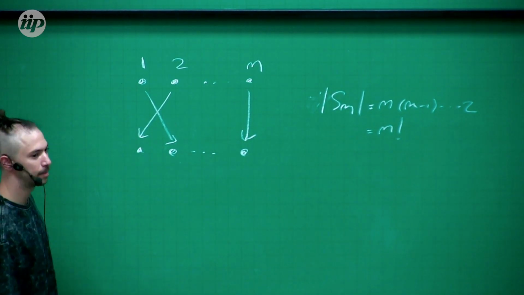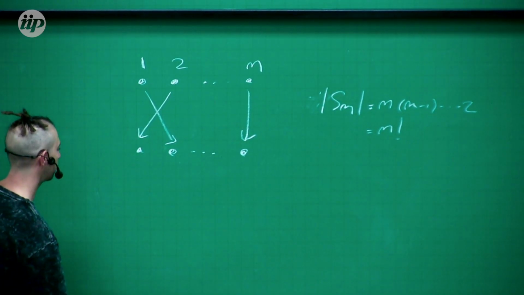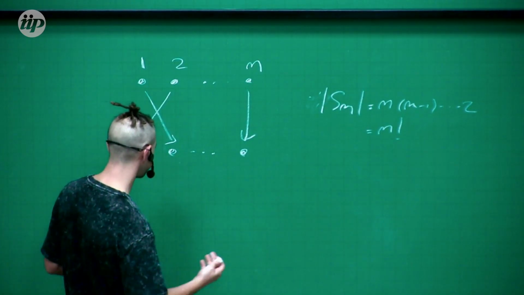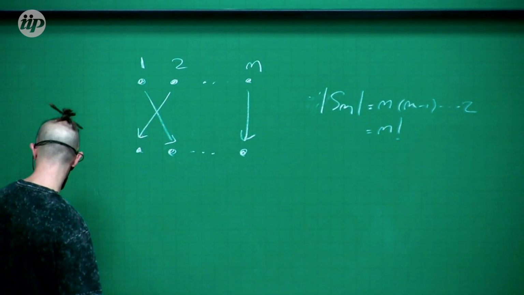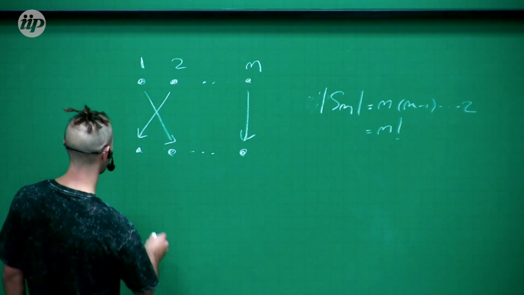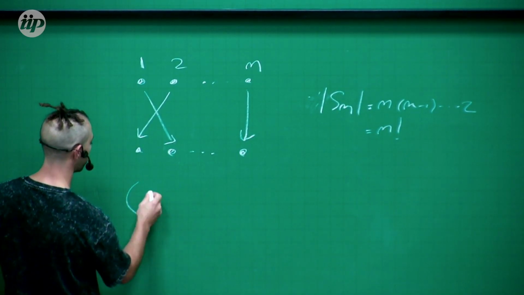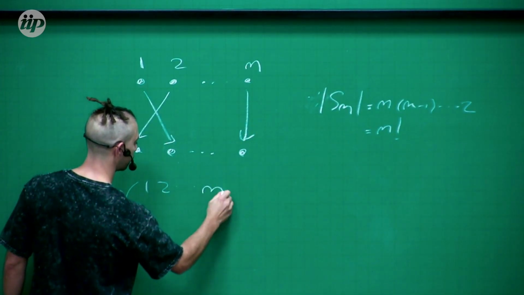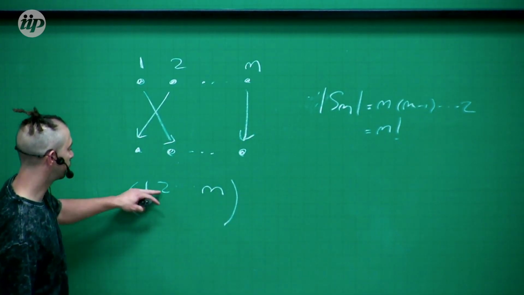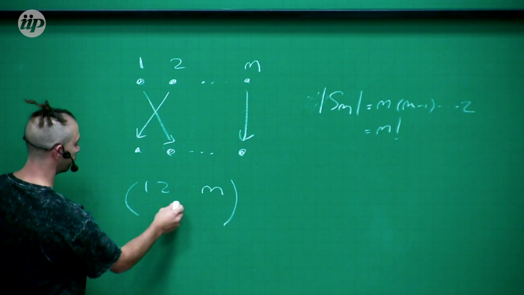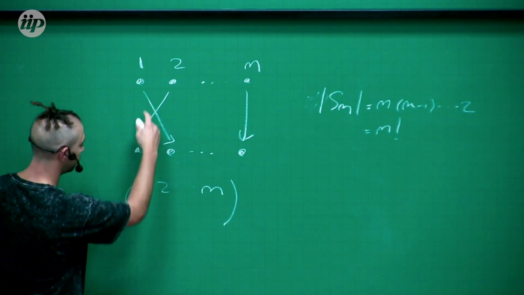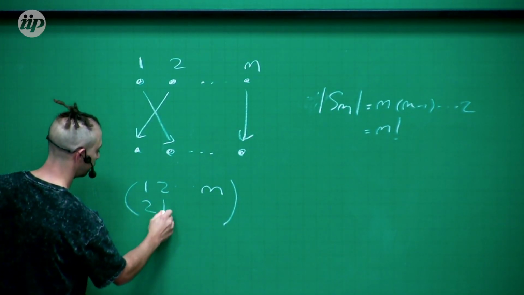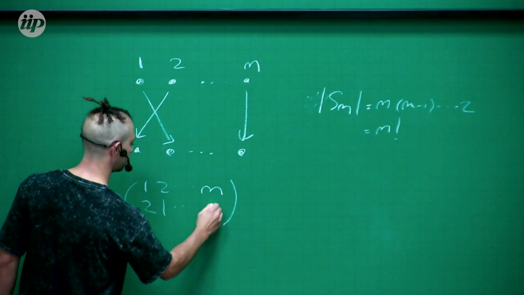So these are elements of this symmetric group, and they are depicted by these diagrams. Another common notation is to first put the n elements, and here you put where each element is sent. So in this case, 1 is sent to 2, 2 is sent to 1, and the rest are sent to themselves.